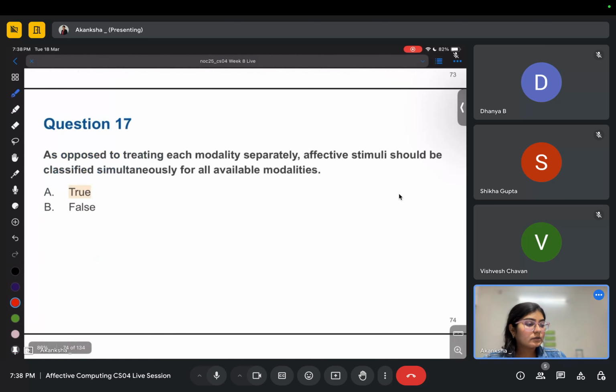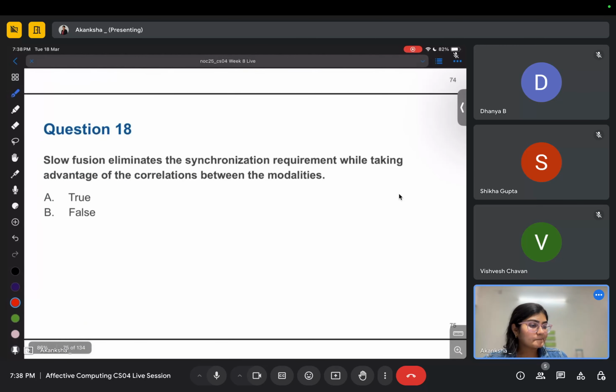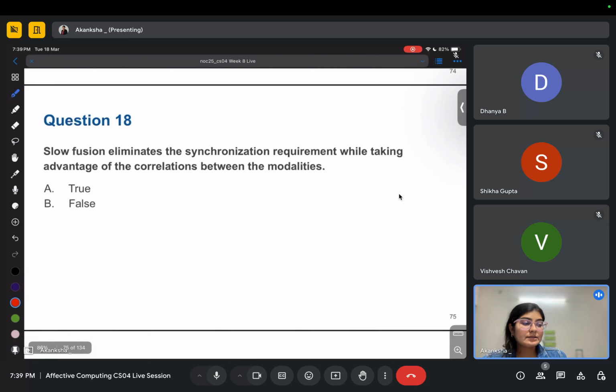Okay, so next is slow fusion, which eliminates the synchronization requirement while taking advantage of correlation between modalities. We just discussed that there is a third type. One is early fusion, then comes late fusion, and then intermediate fusion. This is the intermediate or slow.